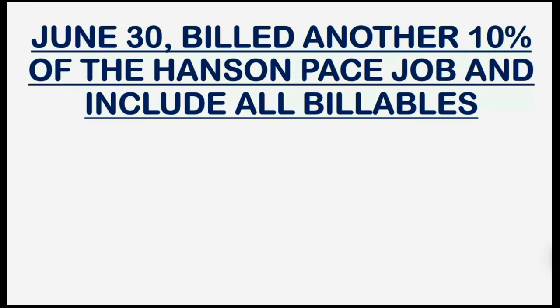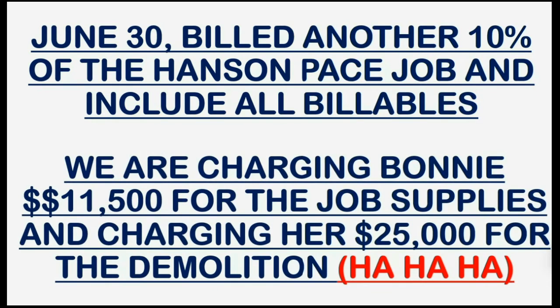Let's imagine it's June 30th and we're going to bill Bonnie for another 10% of the Hanson Place job and include the 2 billable expenses that we just created. And let's imagine we're charging $11,500 for the job supplies and charging her $25,000 for the demolition. So we're going to mark it up after putting it on an invoice.